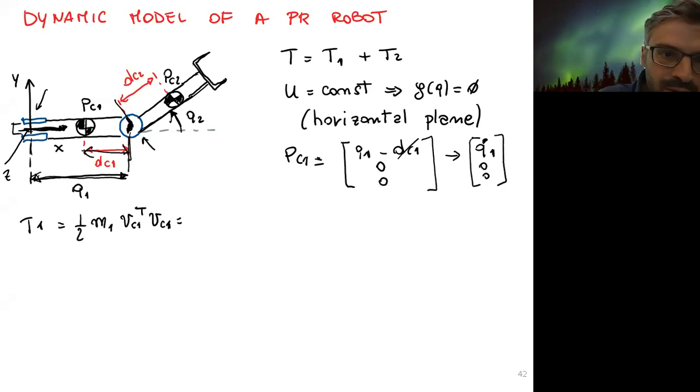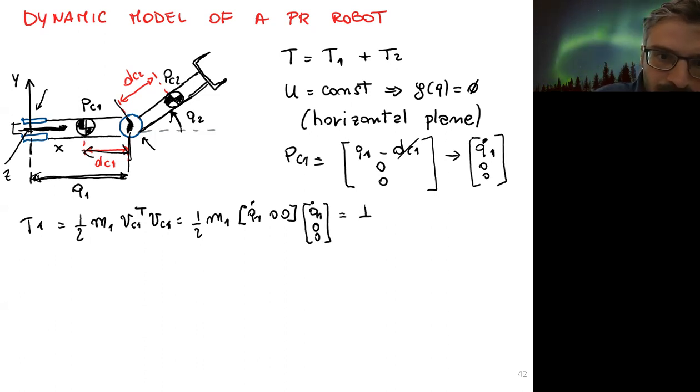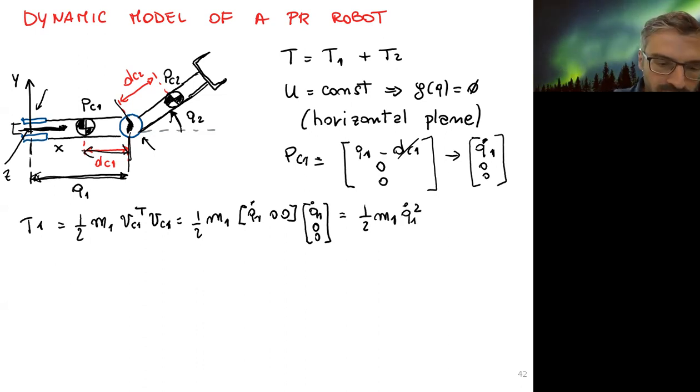And so if we do 1/2 M1 times Q1 dot, 0, 0, which is the transpose of the VC1, times Q1 dot, 0, 0, we get what? 1/2 M1 Q1 dot square. Okay, very simple.